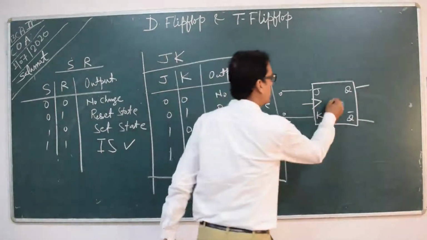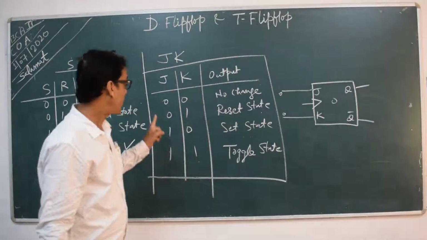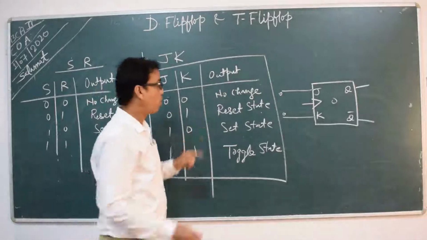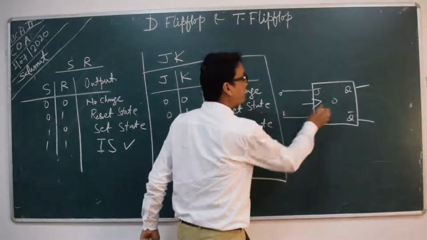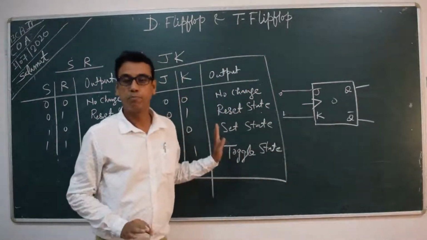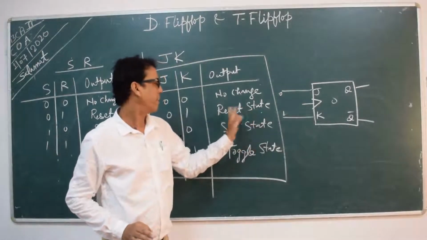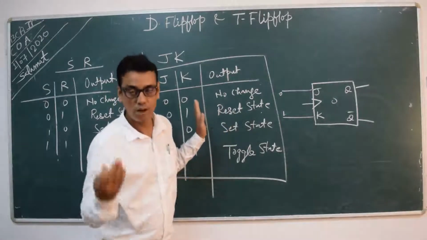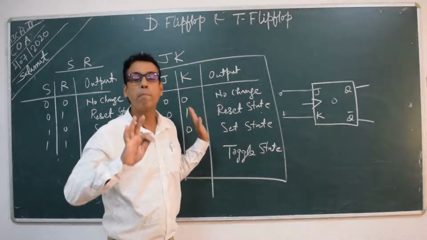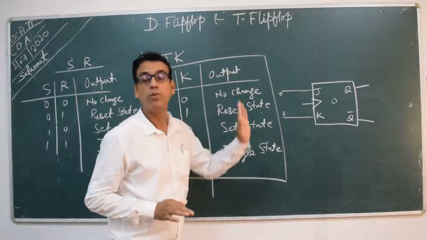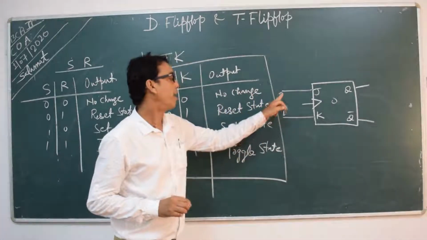In that case, we have to pass 0, 1, then 0 will be stored. It is known as reset in technical jargon. But in simple words, if you want to store 0 in the flip-flop, then we have to pass 0, 1.